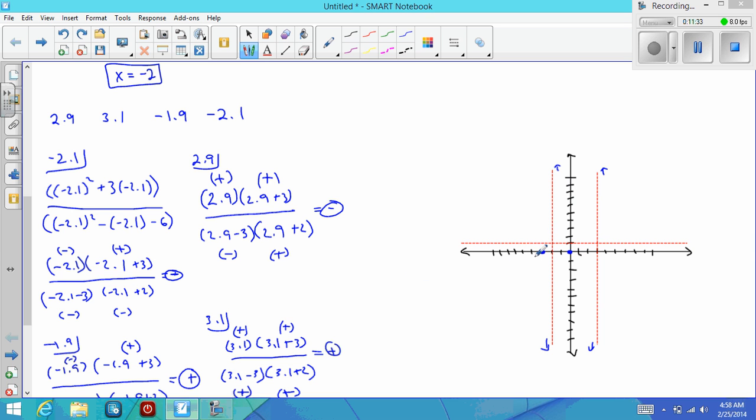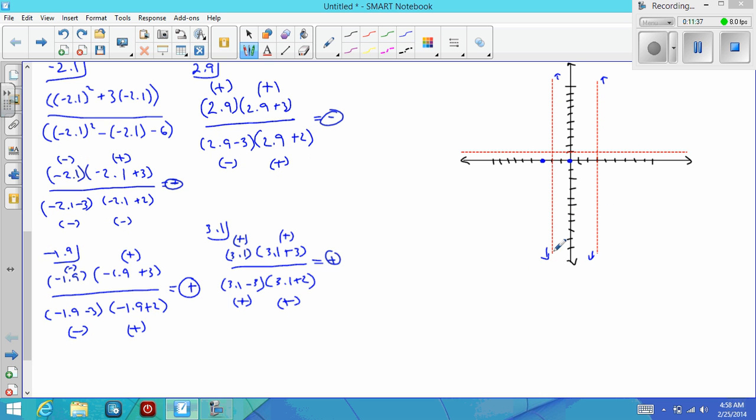So I've got a couple points here that can help guide my graph on the left side and also the right side. I'm going to test a point over here just to confirm that I don't go up. That's really close to that horizontal asymptote, so it might go up over the horizontal asymptote and then level out.